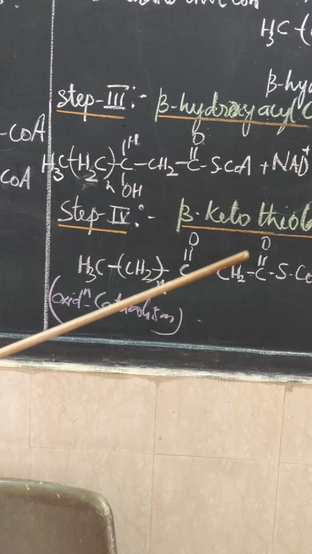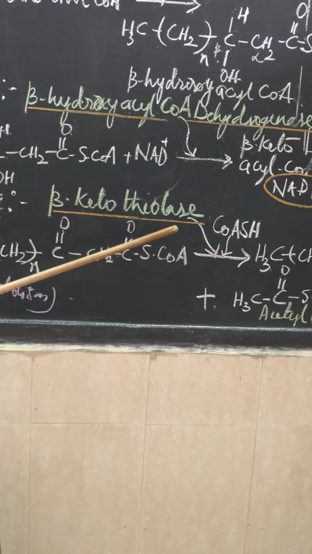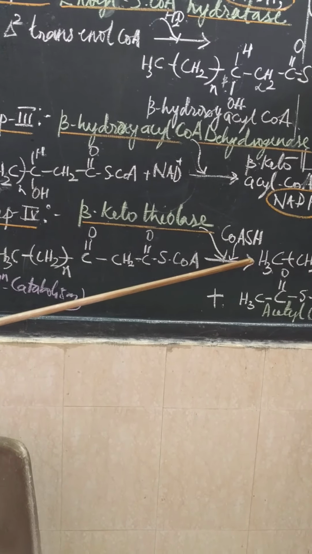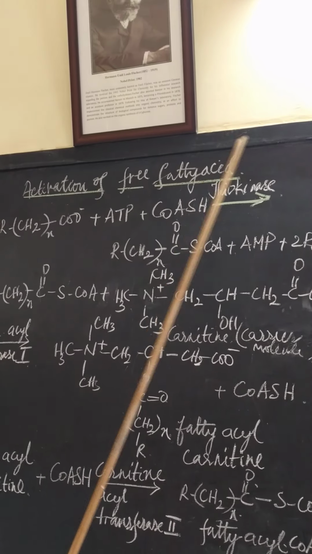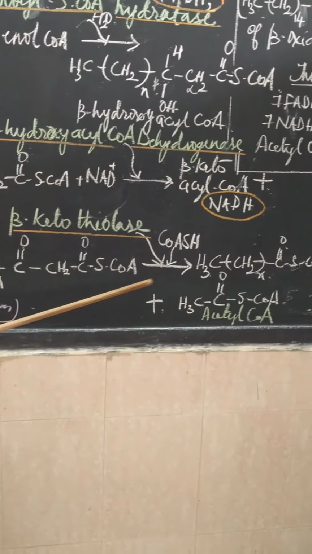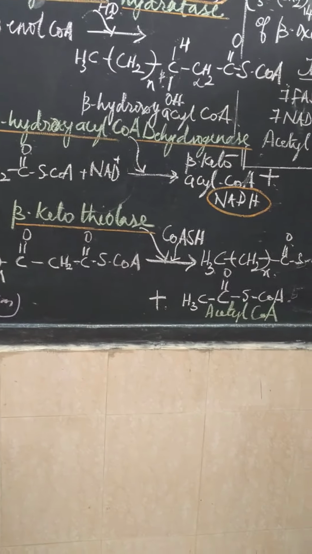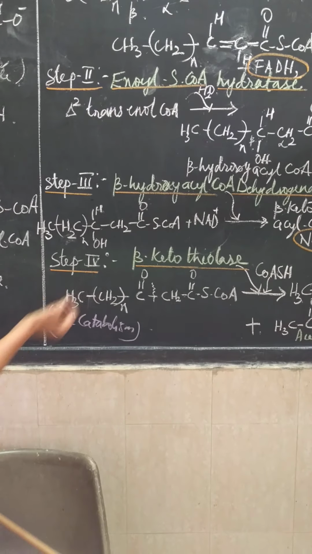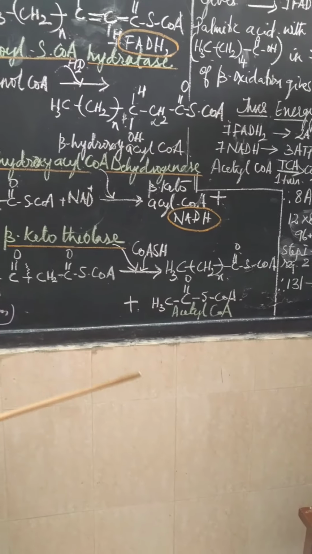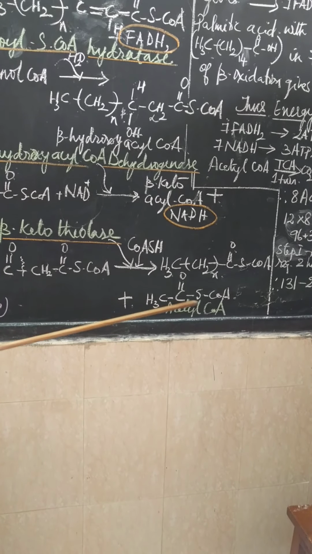the beta ketoacyl-CoA is acted upon by beta ketothiolase, and there is input of coenzyme A. Thiolases always interact with coenzyme A. Now this coenzyme A breaks the bond between alpha and beta, therefore this bond is broken down and gives rise to fatty acyl-CoA and acetyl-CoA.